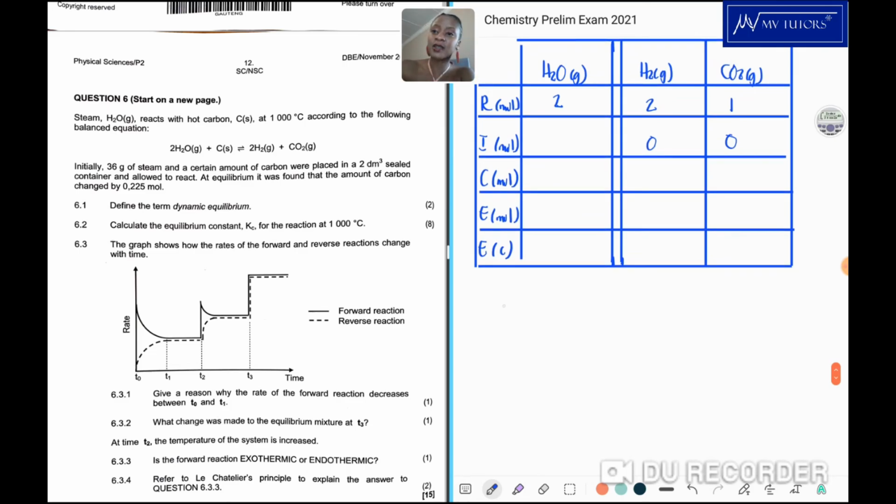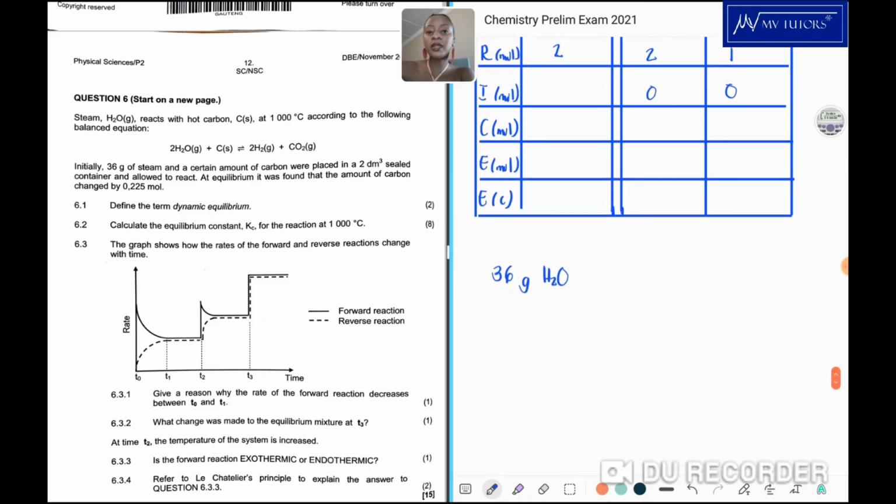And they told us we have 36 grams of steam, okay? And now we need to get the molar mass of steam. So we have 2 atoms of hydrogen, and if you look at your periodic table, hydrogen is just 1.